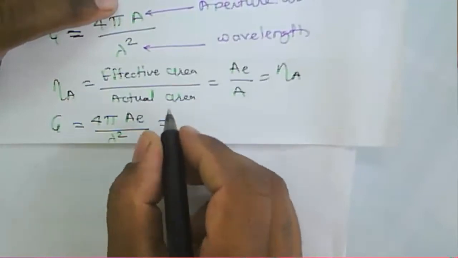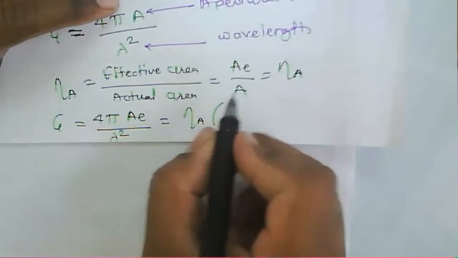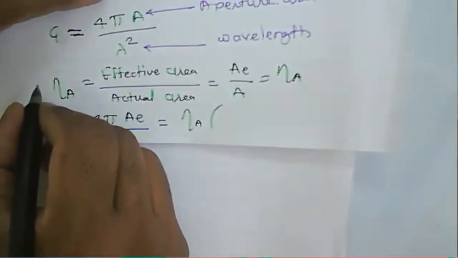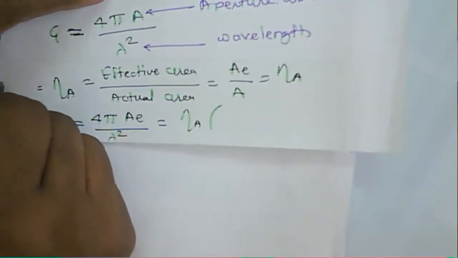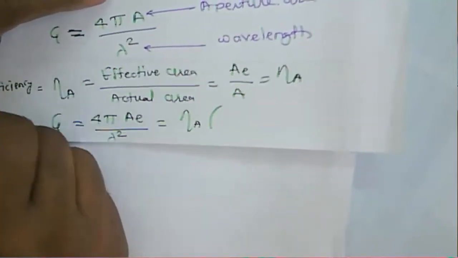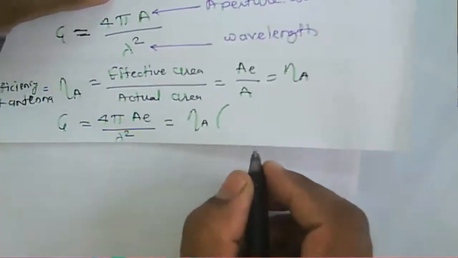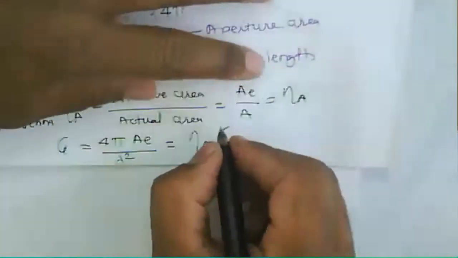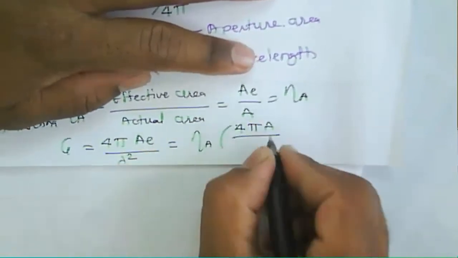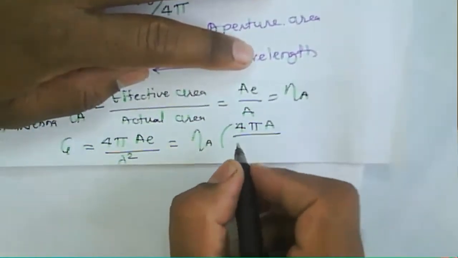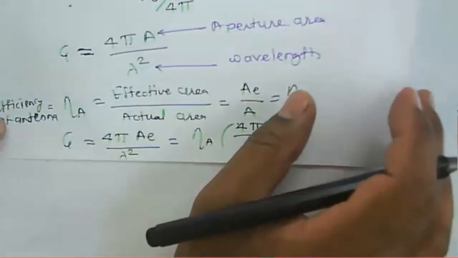So we will get the equation in terms of eta A, and we can say that the efficiency of an antenna, with respect to the actual area of the antenna and lambda square, and this one is the gain of a given antenna.